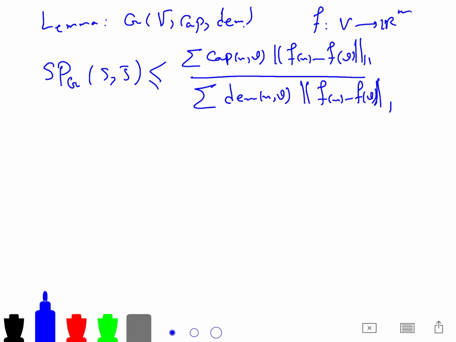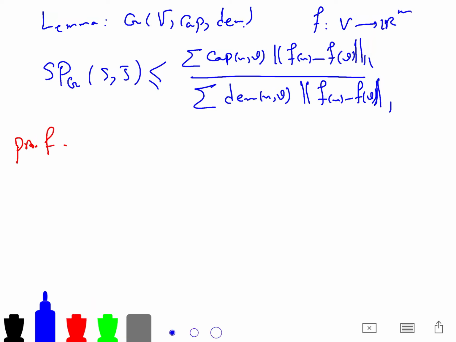And given F, this cut is efficiently computable. And furthermore, if F is ST sandwiching, then the cut is ST separating.